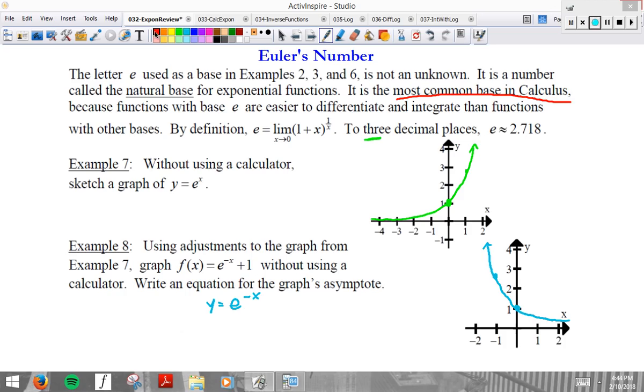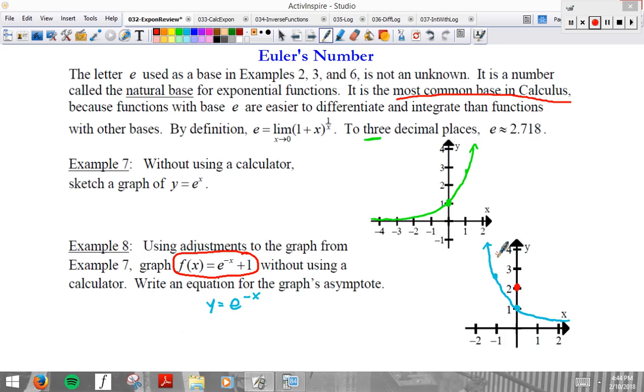And then we'll graph the function in red. What does that plus 1 do? What would that plus 1 do to the blue graph? 3, 2, 1. I hope you said the word shift. More importantly, I hope you said the word shift up by 1. All the y coordinates get added by 1.